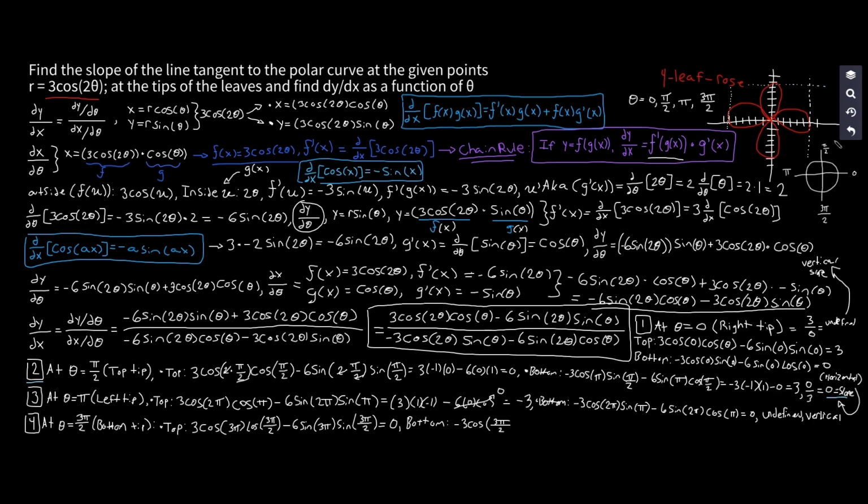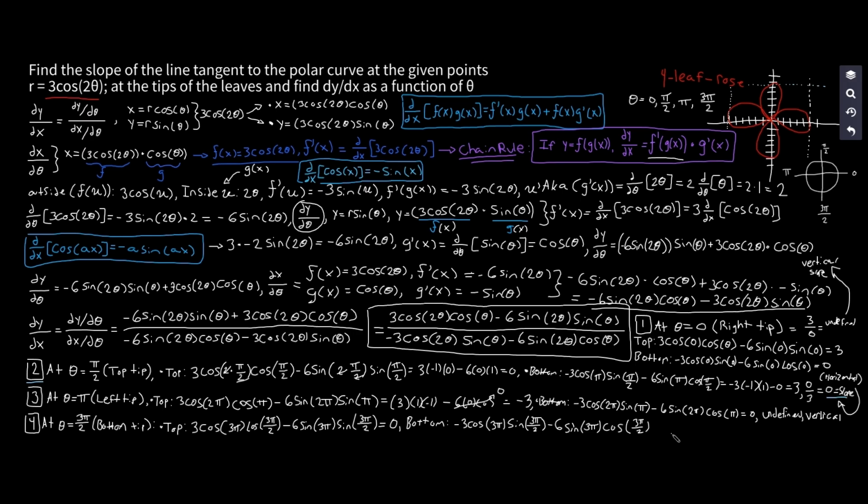Yeah, because those 2's are going to cancel, so it's actually going to be negative 3 cosine of 3 pi, times sine of 3 pi over 2, minus 6 sine of 3 pi, times cosine of 3 pi over 2.